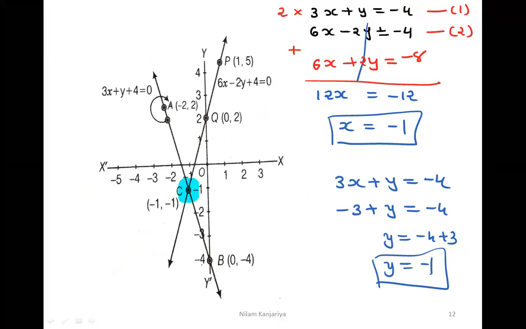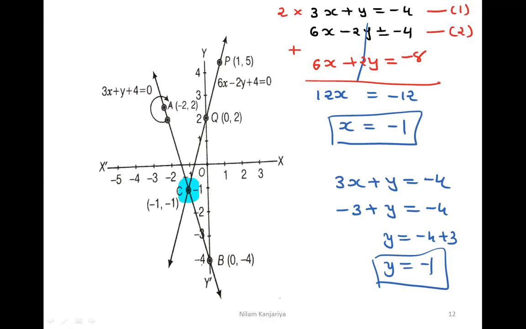All the students, you must remember one thing: when you are not able to find your intersecting point exactly, you just apply any method, any three or four methods, to find the x and y. This x and y gives you your common point, this is your intersecting point, and put it here, because no one can look at your graph by magnification glass.